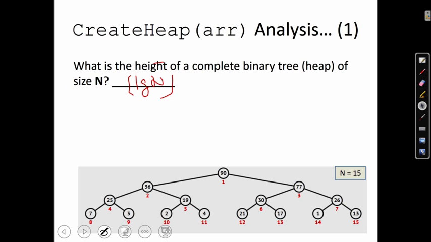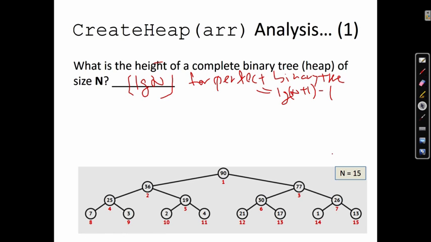So for a perfect binary tree, the height equals log of (n plus 1) minus 1. Yes, correct. You can try it.